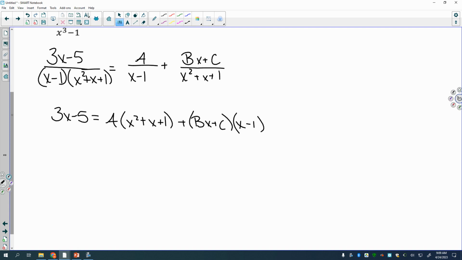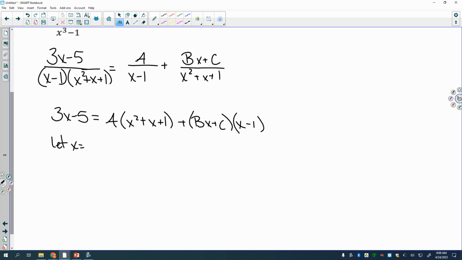Now, just like before, well, not just like before, because I can't just let x equal 1 here and make things go away. I'd still have x's and numbers and things like that. Oh, no, I can let x equal 1, but I can't just let x equal 0.